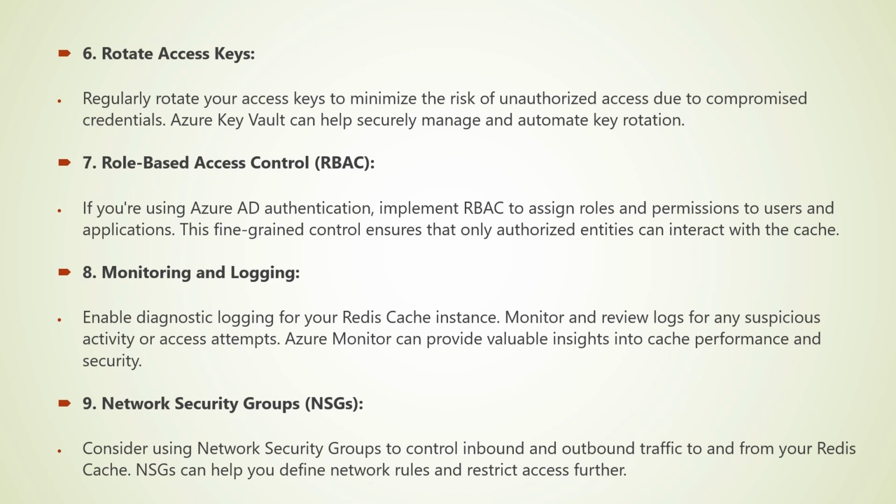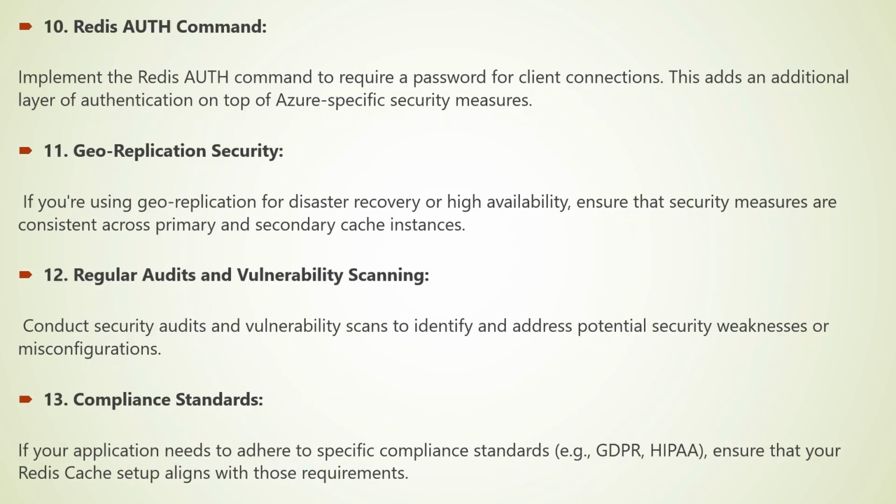Network security groups (NSGs). Consider using network security groups to control inbound and outbound traffic to and from your Redis cache. NSGs can help you define network rules and restrict access further. Redis AUTH command. Implement the Redis AUTH command to require a password for client connections.